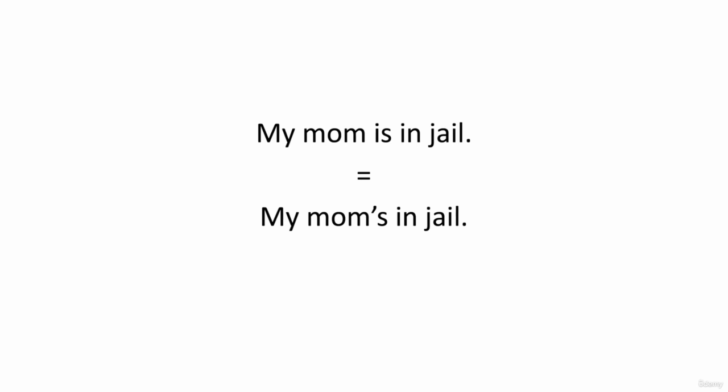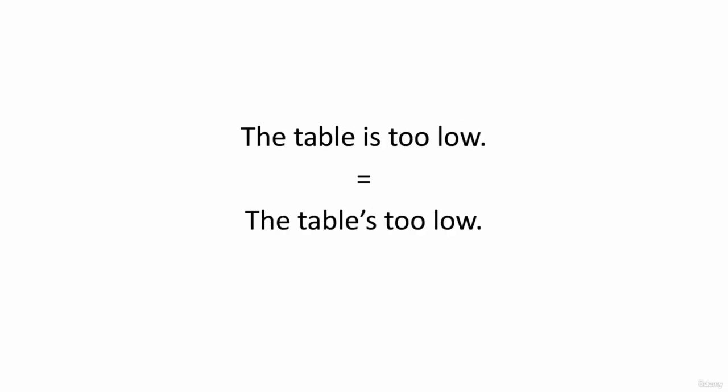Mom's, M-O-M, apostrophe S, is the contraction of mom is. As you can see, we replace the I with an apostrophe. The table is too low becomes the table's too low. Table's is the contraction of table is.